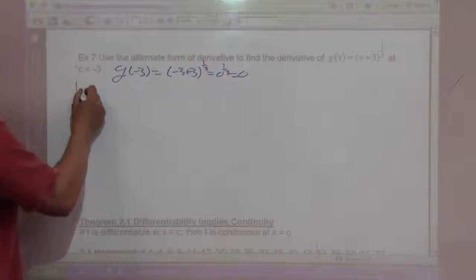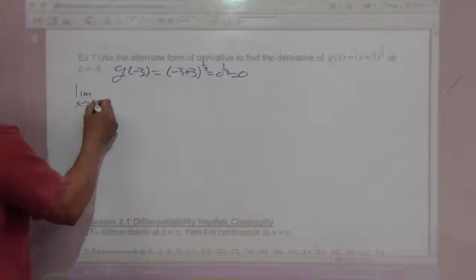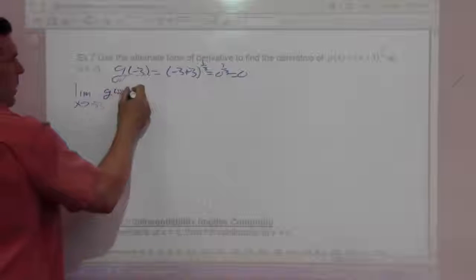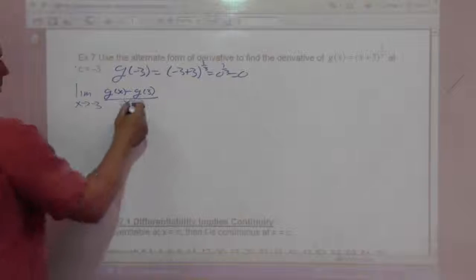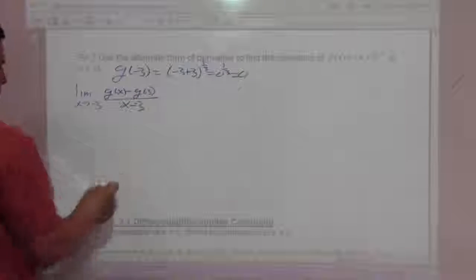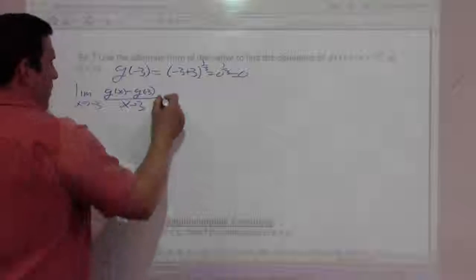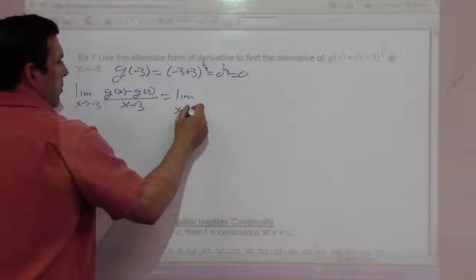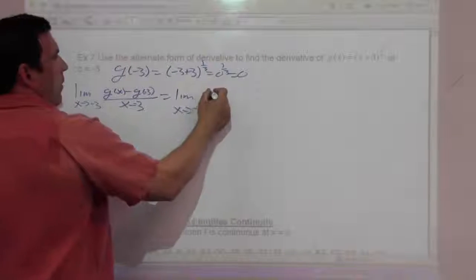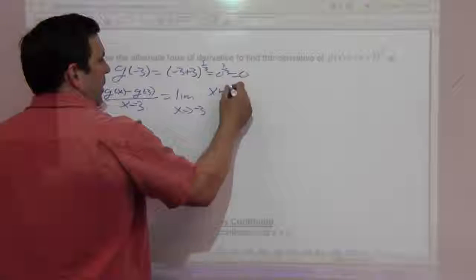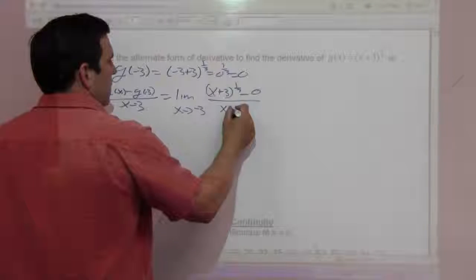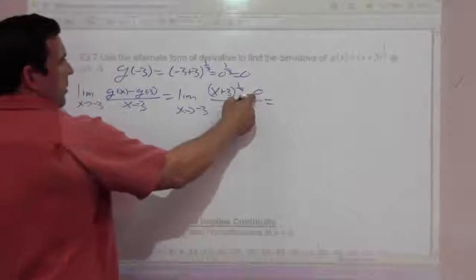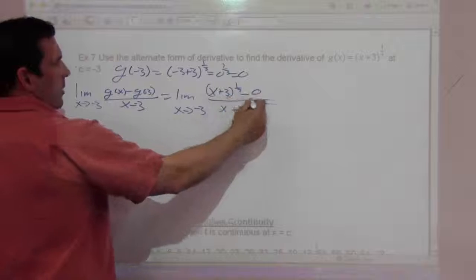Okay, let's see here. Looking for the limit as x approaches negative 3 of g of x minus g of negative 3 over x minus negative 3. So this is the limit as x approaches negative 3 of x plus 3 to the 1/3 minus 0 over x plus 3, because that's our g of negative 3 right there, which is 0.